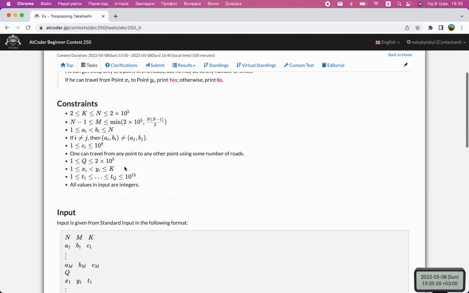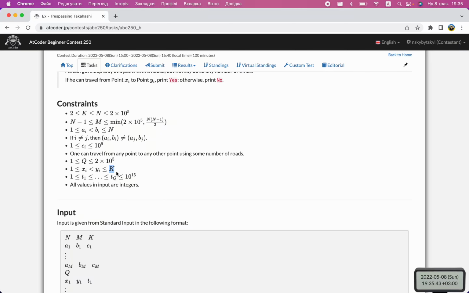So what I noticed is obviously as t increases, the connectivity improves because we can spend more and more time outside of special vertices. So what I've been thinking during the contest is let me create a disjoint set union to keep track of connected components among the special houses.